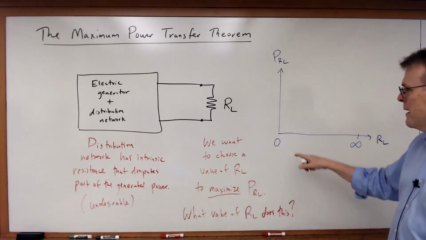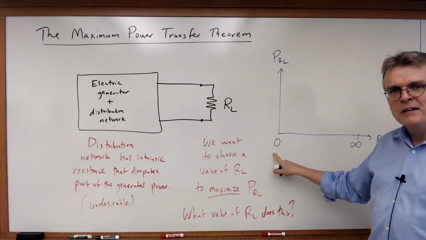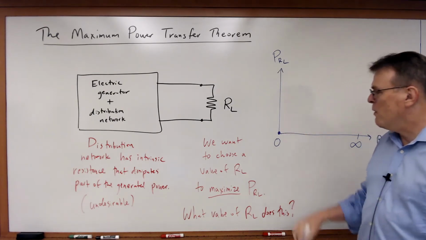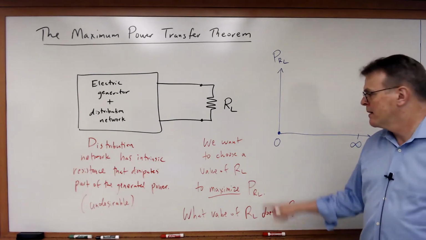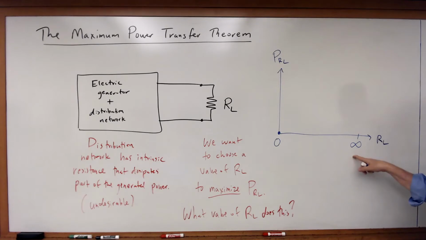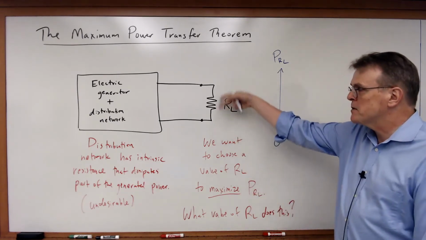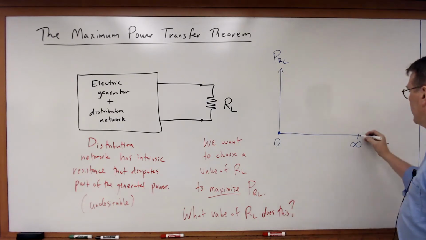Well, if you think about it, if the load is a wire, I squared R is equal to 0. And so at 0 ohms, at a short circuit, obviously I'm not dissipating any power. At the other end of the extreme, if R sub L is infinity, then the current is equal to 0. It's an open circuit. And once again, I squared R is equal to 0.